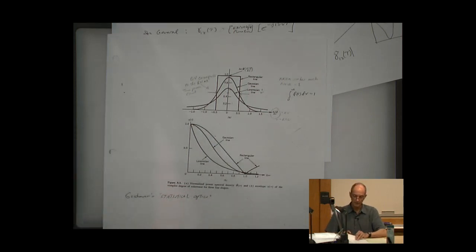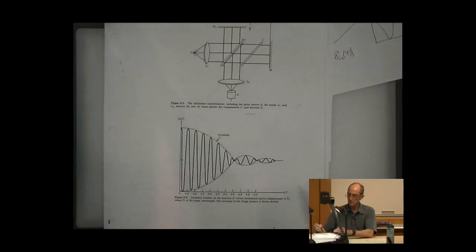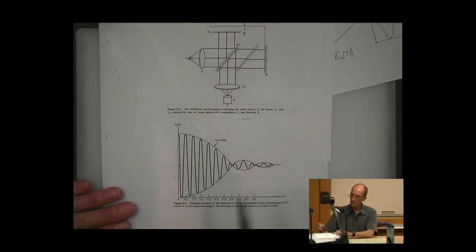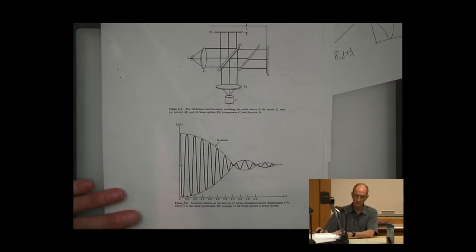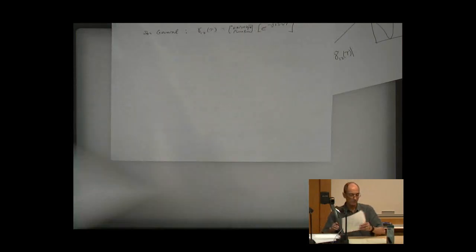And so what you would see if you were to measure the source with your interferometer is this nice envelope function, and then you would have these oscillations with that e to the minus j 2 pi average nu times tau, for that oscillating period.